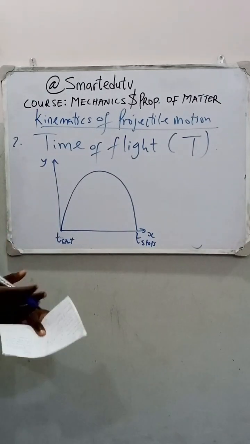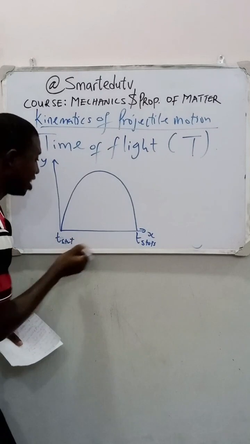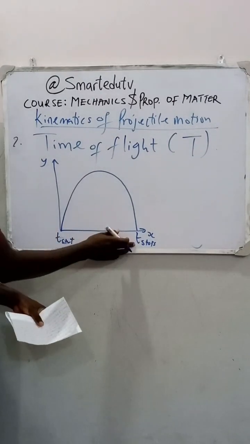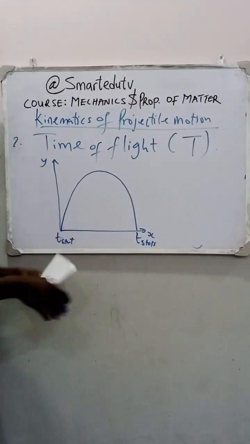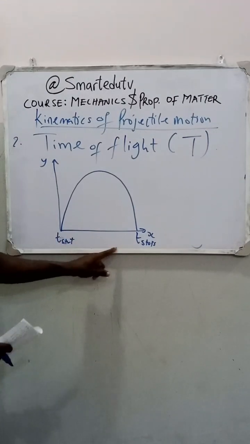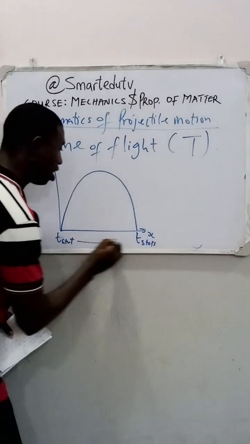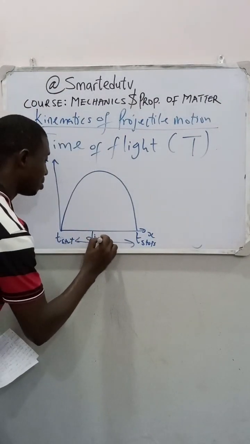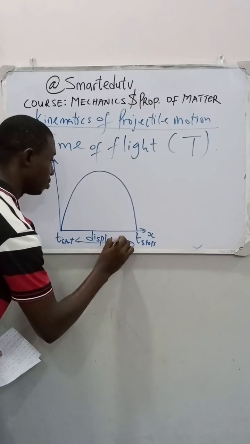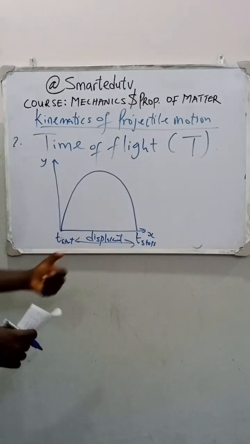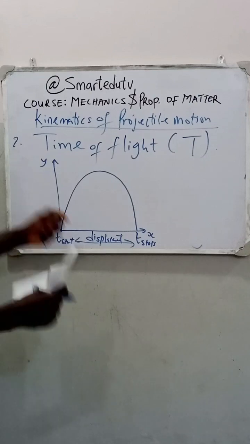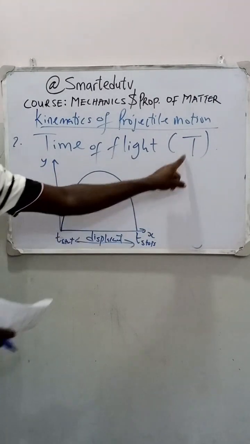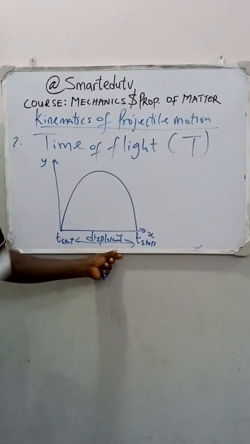I can see this as the distance between the starting point and the stopping point, or displacement. Either we call it distance or we call it displacement. That means for me to understand time of flight, I want to relate time to displacement or distance.